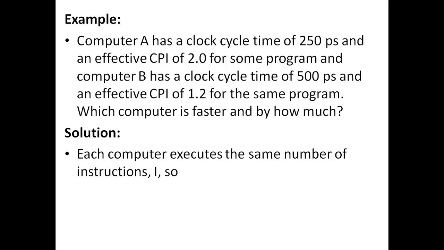Execution time of B is 20 seconds divided by execution time of A, 10 seconds. Dividing the two values, we get 2. That indicates A is 2 times faster than B. The meaning is computer A is faster than B.